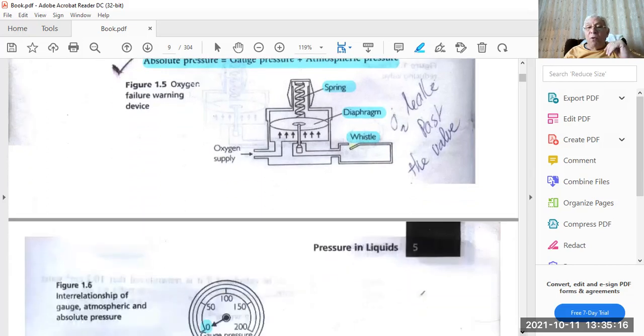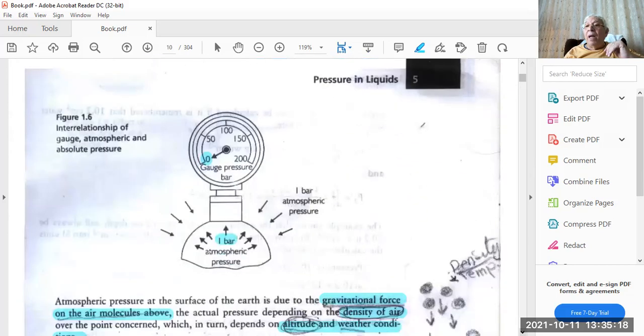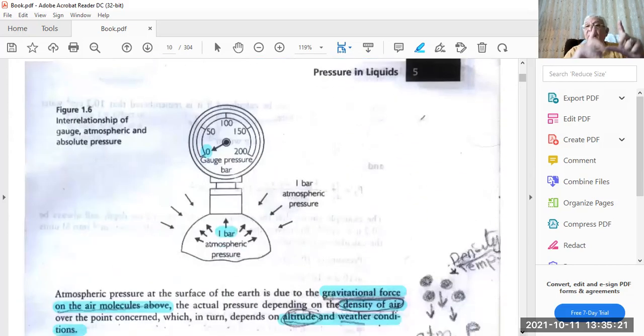Going back to the absolute and the gauge pressure. The gauge is the meter that is on the cylinder. Whenever I have a full oxygen tank, the gauge reads around 137 bar.